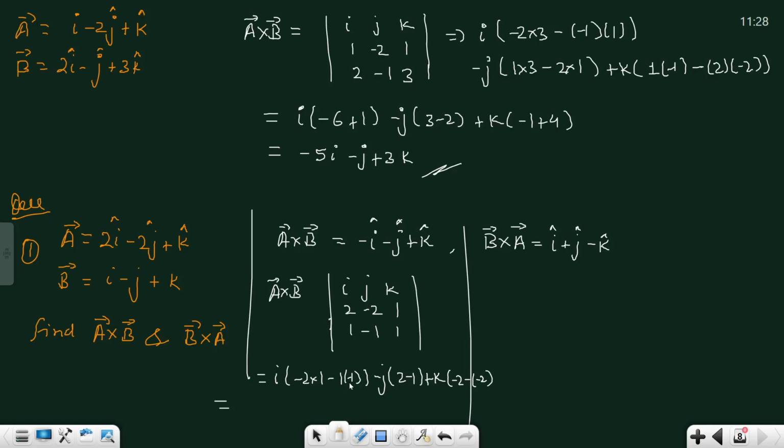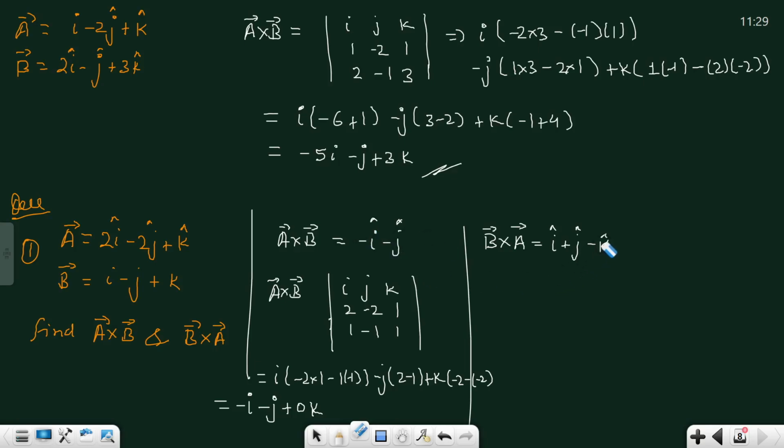Minus 2 plus 1, so it's minus i. Then this is minus j. And this is 0k. Is it matching with anyone's answer? Yes, sir. So this is correct. Instead of writing 0k, can we just eliminate that? Yes, you can write just minus i minus j only. Clear?